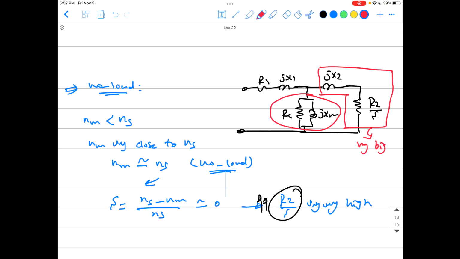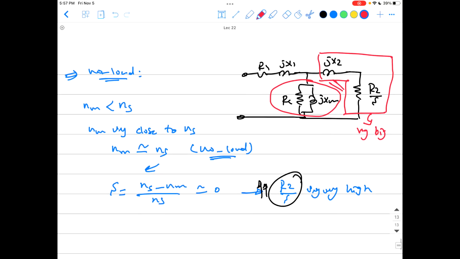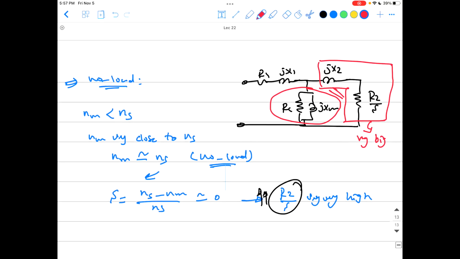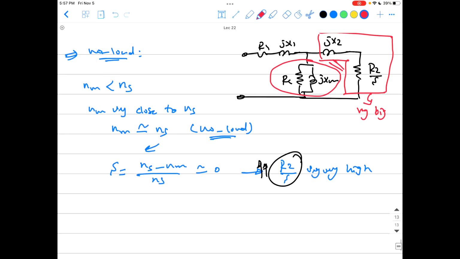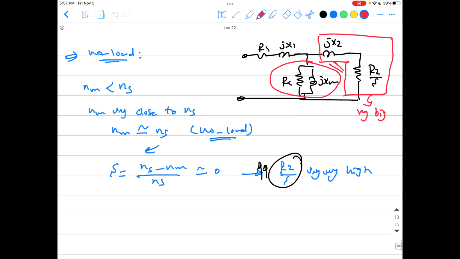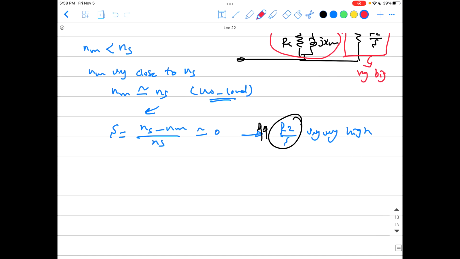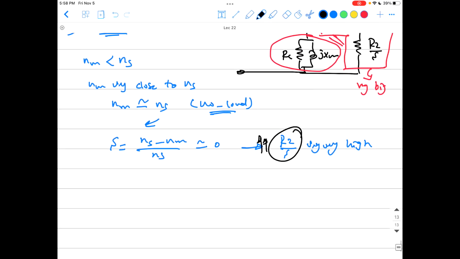Okay? And again, those two are just connected in parallel. And that means now it is a different way. Now R2 over S plus jX2 is the one to be ignored, okay, guys? Because now it's very, very big compared to RC and jXM. So again, the equivalent of them paralleling together will be almost equal to the smaller one, which is now RC parallel with jXM.